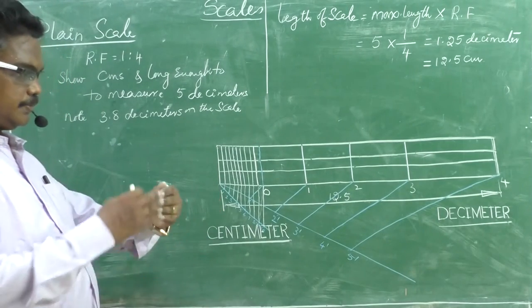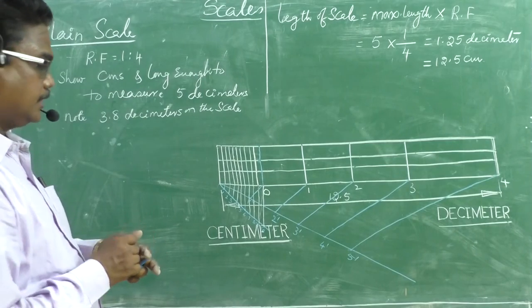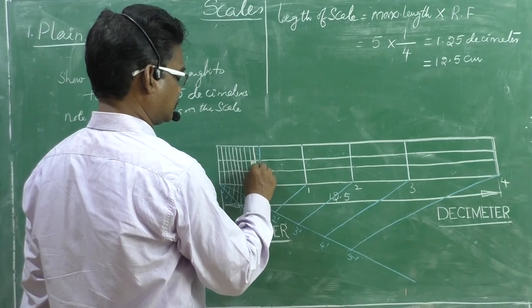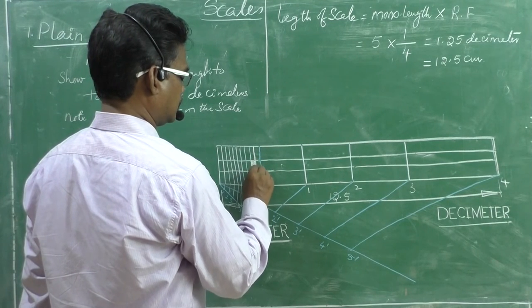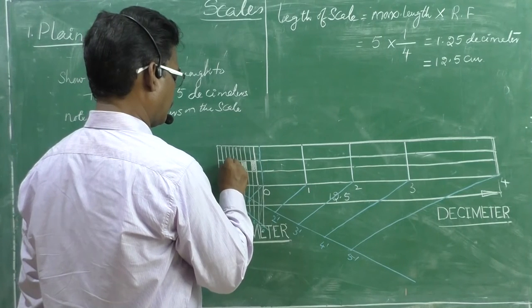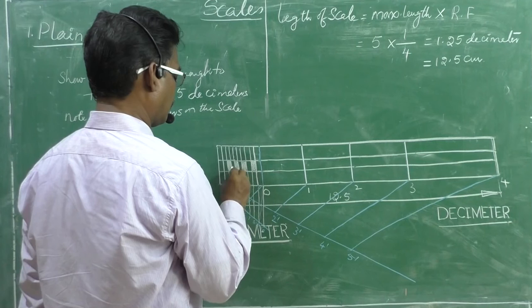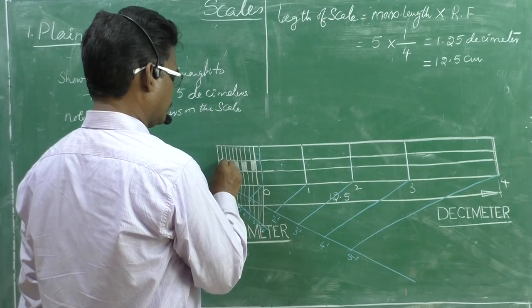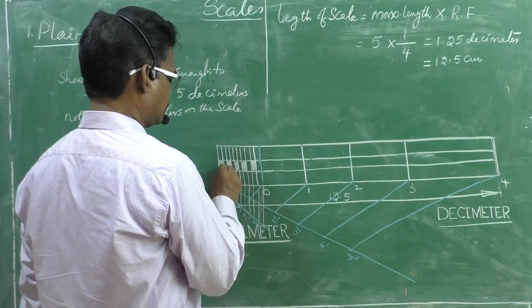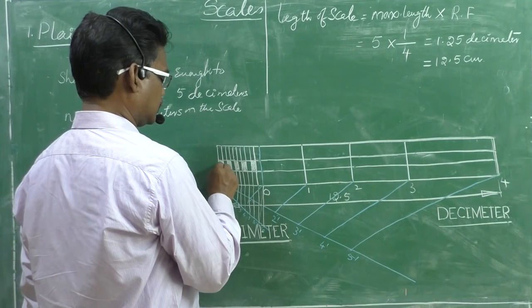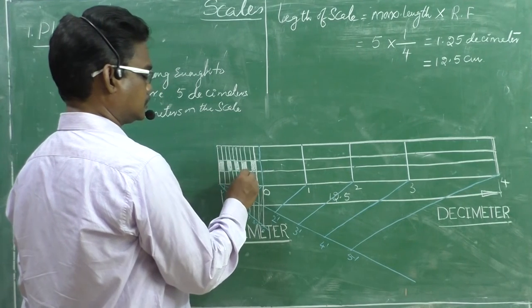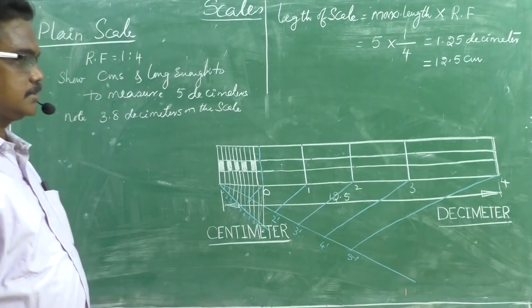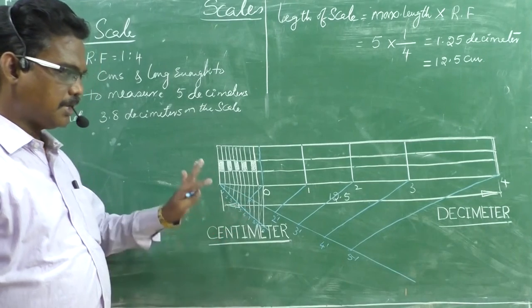To distinguish these two, we can give darkness or hatching at this portion. In the drawing sheet you can give hatching also. No need to darken, it will take time. At the same time, perfect darkening is somewhat difficult. You can give hatching also. Anything is preferable. This is the plane scale.